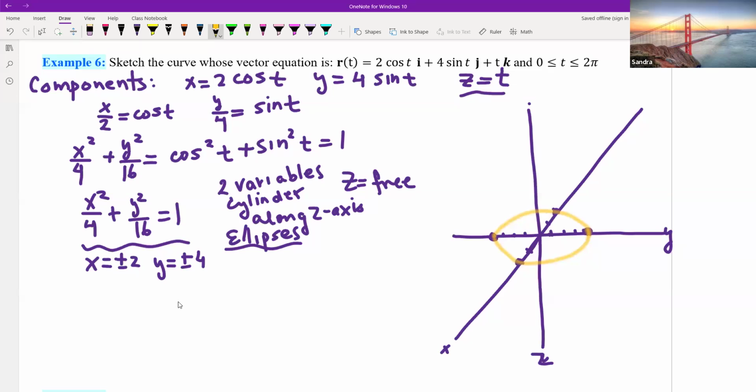But remember, your z is changing. So you have different heights on the z. But you still have the same ellipse. Your height can change, yes? Let's just say right here, the height is 0. Everything is 0 for the height.